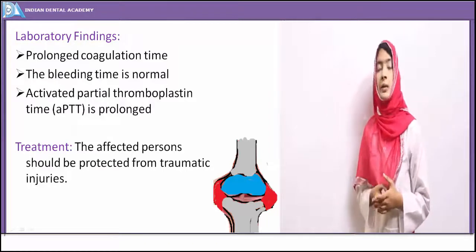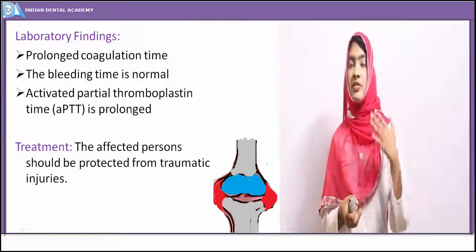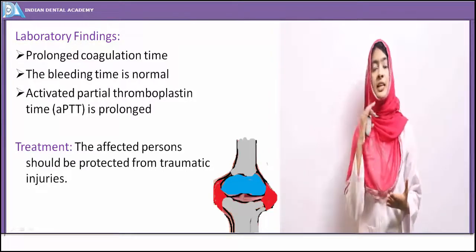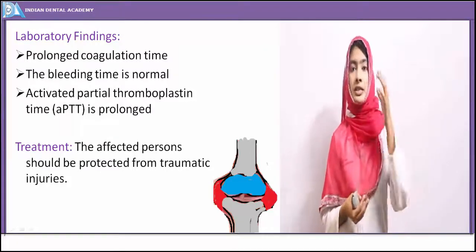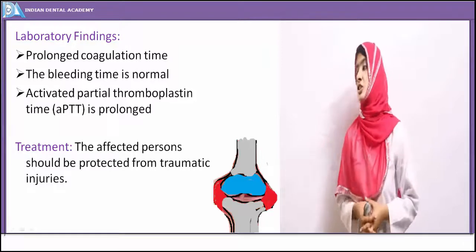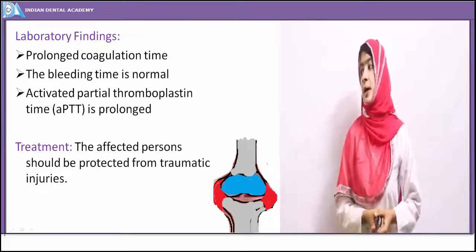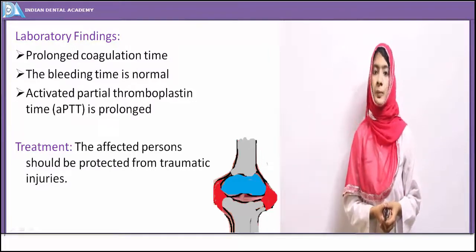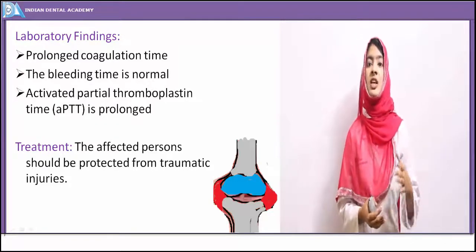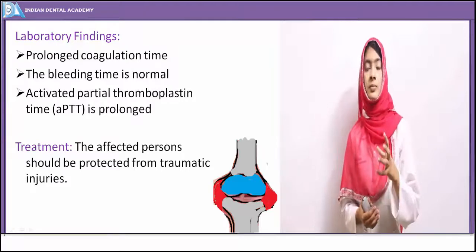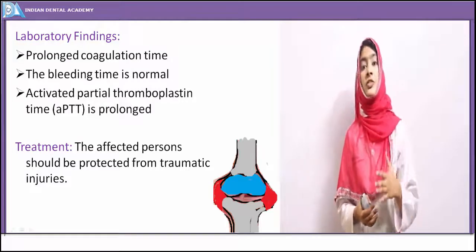And when you see the blood picture, there is a deficiency of factor 8. The bleeding time may be normal, but the coagulation time is prolonged. So there is a failure in the clot formation here, and the activated partial thromboplastin time is also prolonged. There is no specific treatment for hemophilia as such. The person should be protected from injury or any form of trauma.